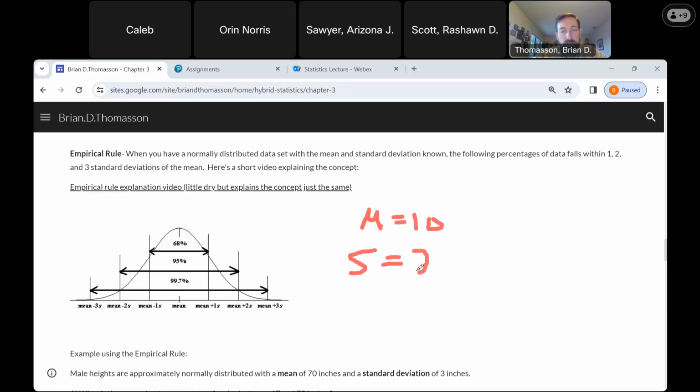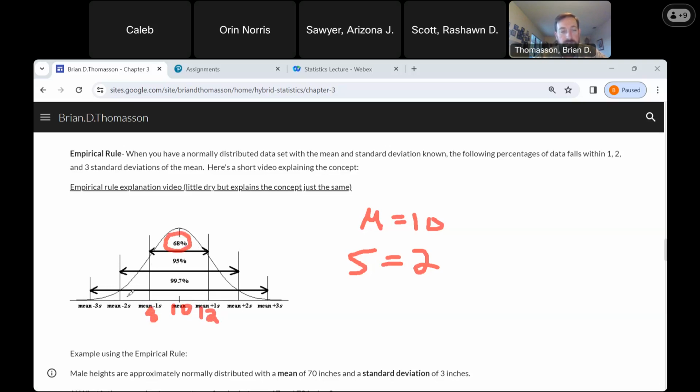That tells us our mean is right down the center at 10. If we subtract 1 standard deviation, we'll go down to 8. If we add 1 standard deviation, we'll go up to 12. What this empirical rule tells us is that 68% of the data fall between 8 and 12, or 1 standard deviation below to 1 above.